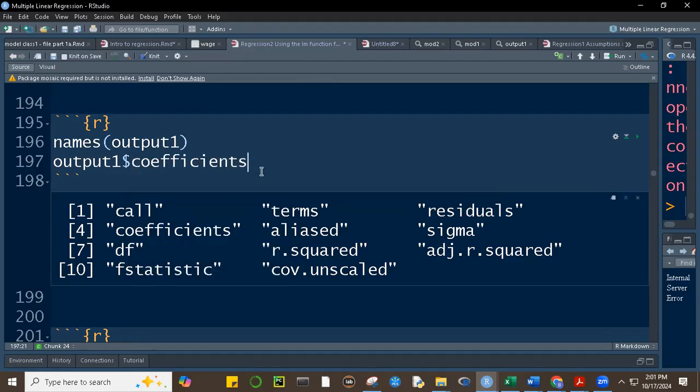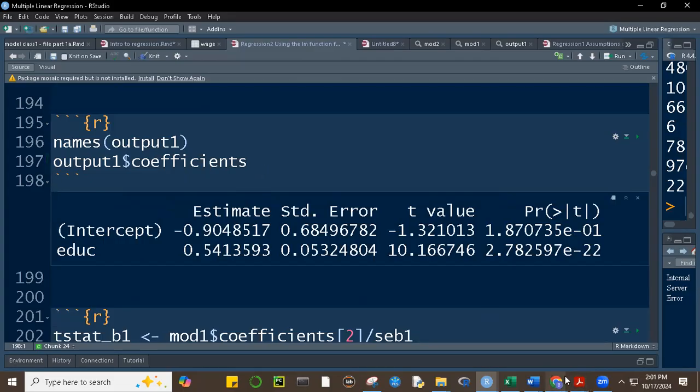Let's see what happens here. There you go, class. So we can get this one, class. We can get the standard error, the t-value, the p-value from the object that's created to represent summary of your model. So if you want to get, for example, the standard error, paano natin kukunin yung class?